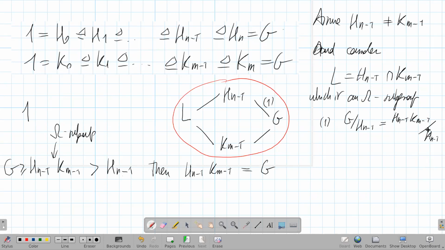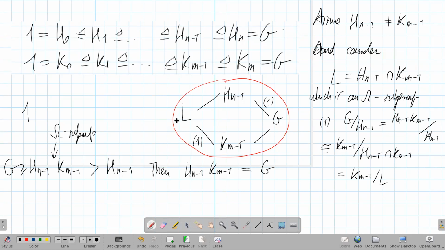By the second isomorphism theorem for groups, such a quotient is isomorphic to, well, you simplify H_{n-1}, so you get K_{n-1} here, but here you have to keep the intersection of the two. And this is exactly what I called L. So using the second isomorphism theorem, this one is isomorphic to the quotient group K_{n-1} over L.